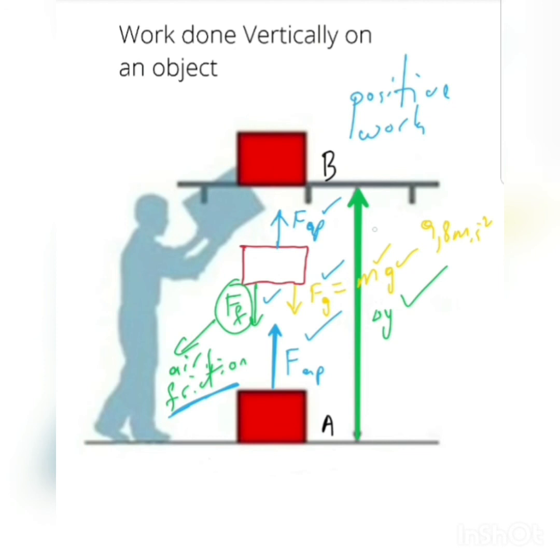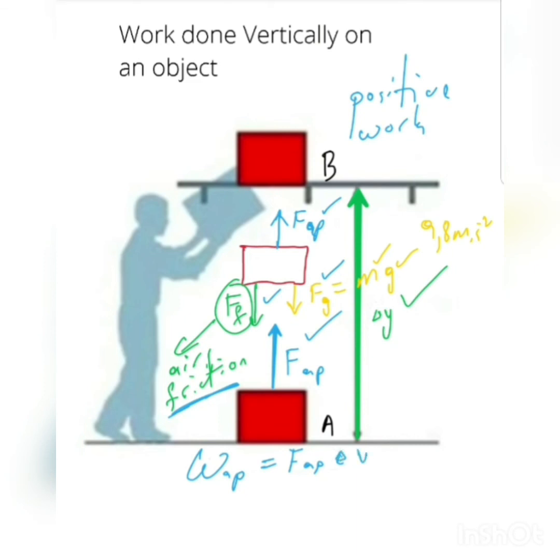So how would you go about calculating work for each respective force that is there? The work done by the applied force is equal to the applied force multiplied by the change in displacement, and in this case, of course, it's going to be y instead of x.